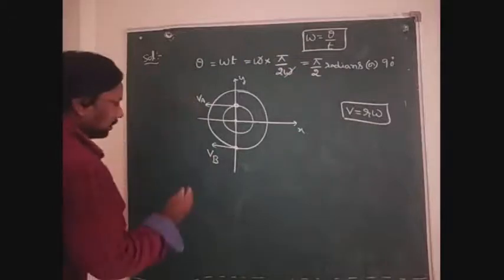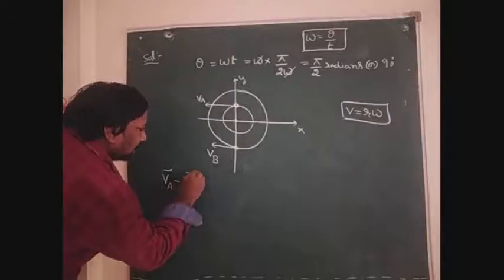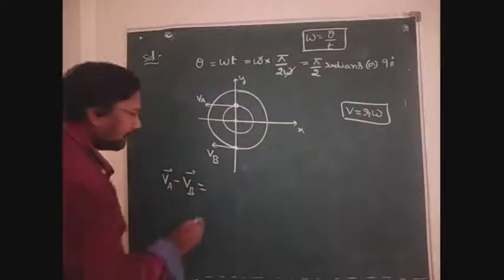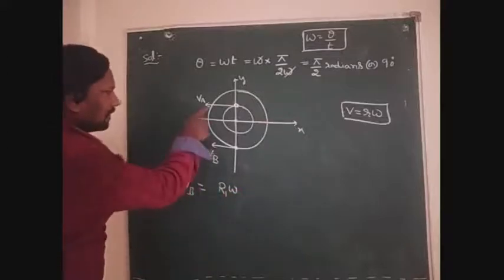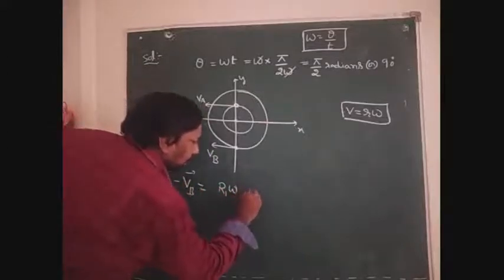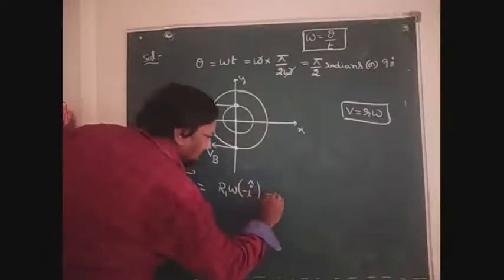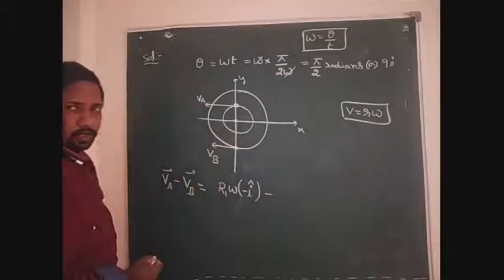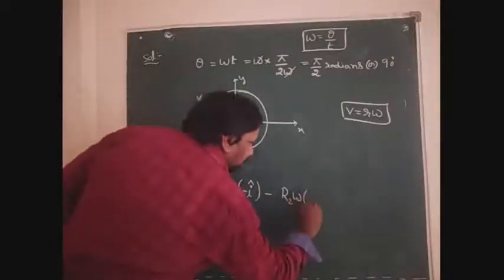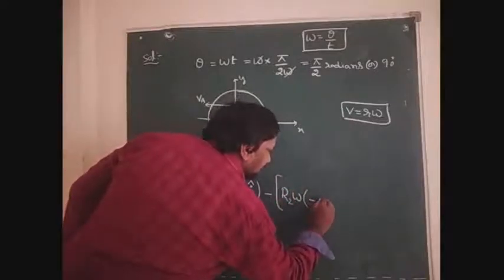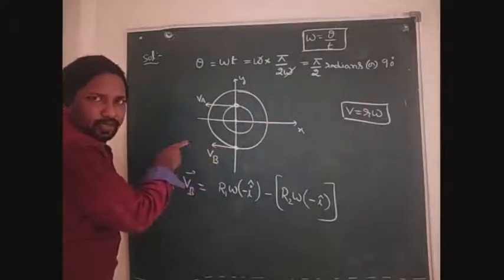So VA bar minus VB bar: R1 omega along the negative x-axis, that is minus i cap, and for particle B, R2 omega into minus i cap.